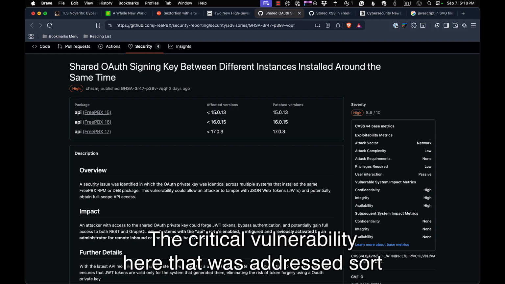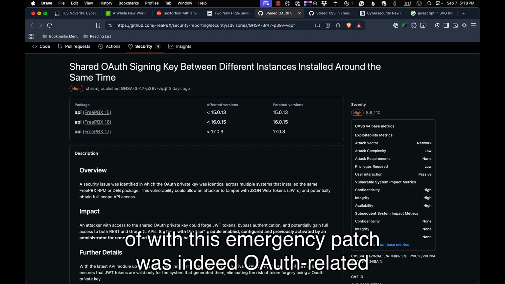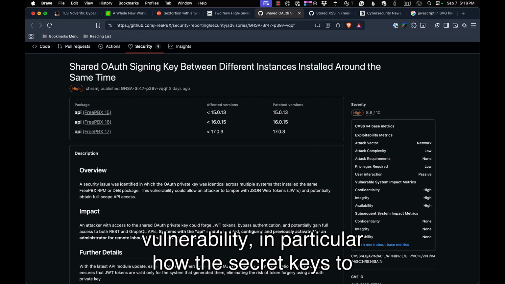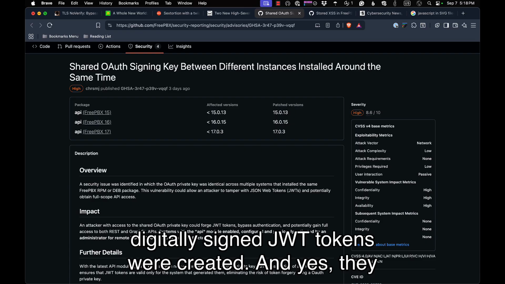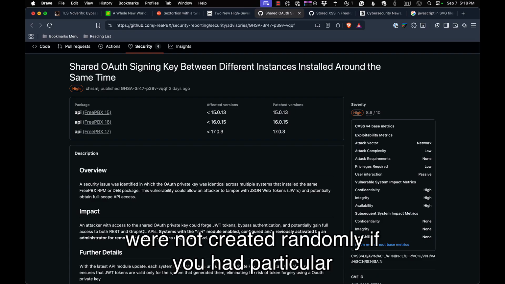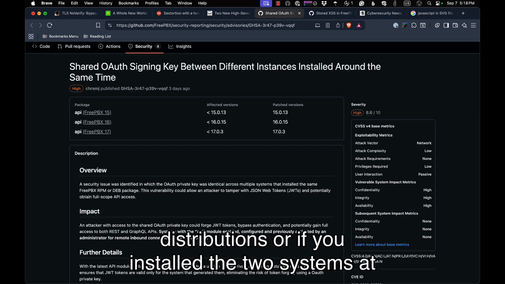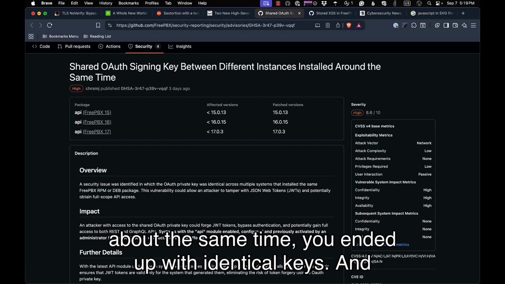The critical vulnerability here that was addressed with this emergency patch was indeed an OAuth related vulnerability, in particular how the secret keys to digitally sign JWT tokens were created. And yes, they were not created randomly. If you had particular distributions or if you installed two systems at about the same time, you ended up with identical keys.